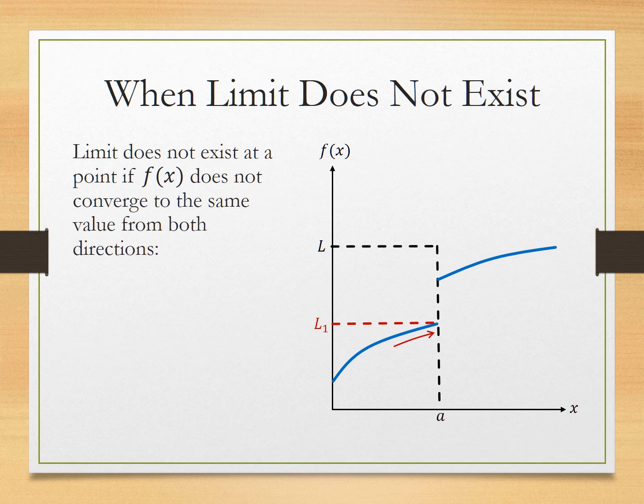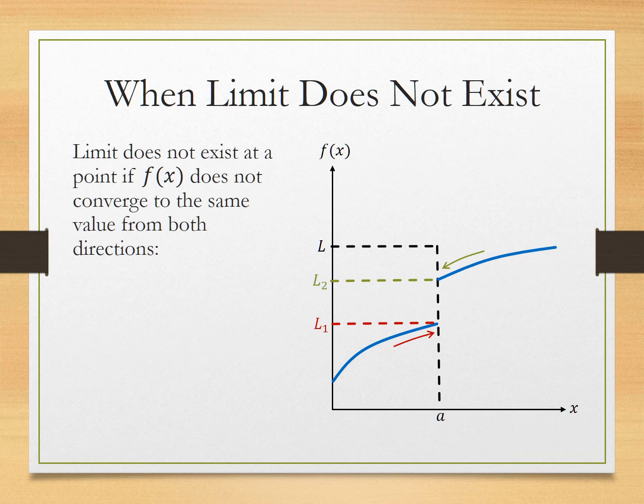gets closer and closer to the value L1, which is okay. That's just like what we have seen in the previous slide. As you get closer to the point A, the function gets closer to a particular value. Now the problem is, if you look from the right-hand side, as you move closer to A, the function also moves closer to a value, but it's a different value, L2.